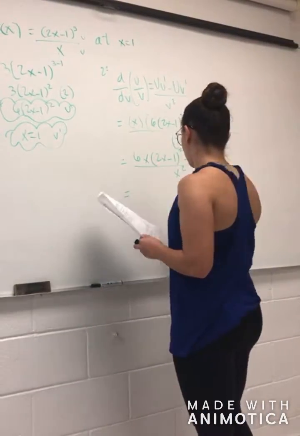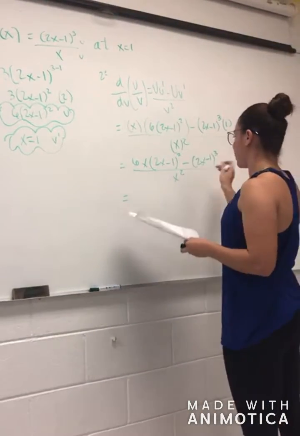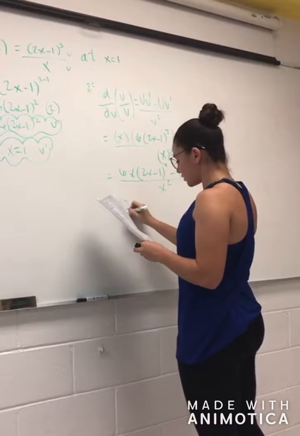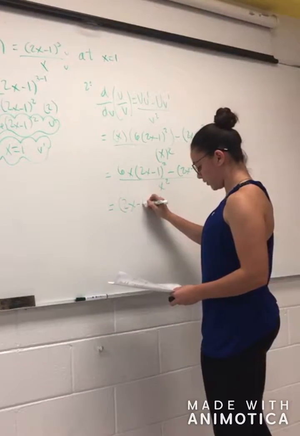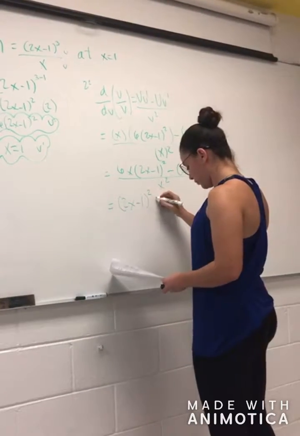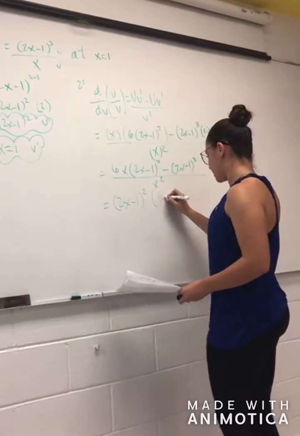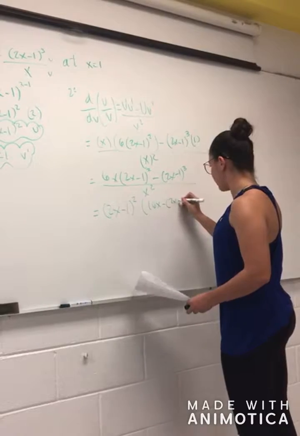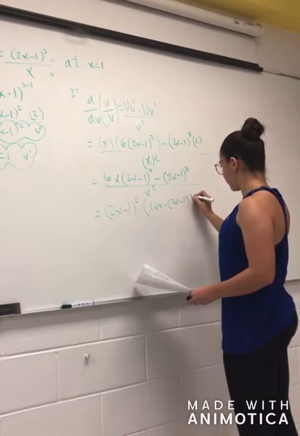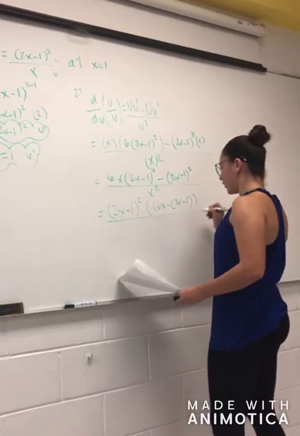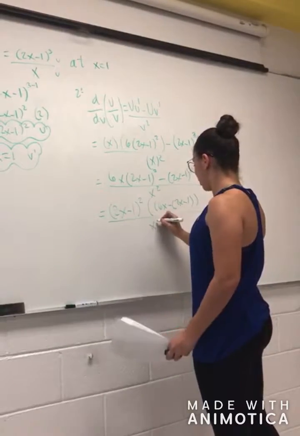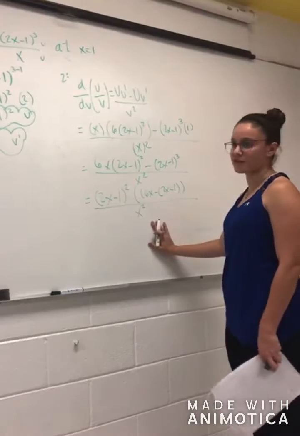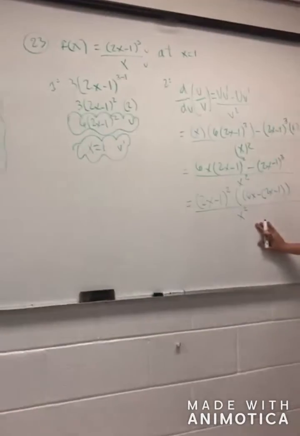The next step, we need to multiply and subtract, so it is 2x minus 1 to the power of 2 multiplying 6 minus parentheses 2x minus 1 over x to the power of 2. And this is the first step of this problem.